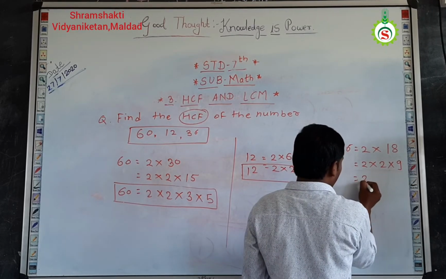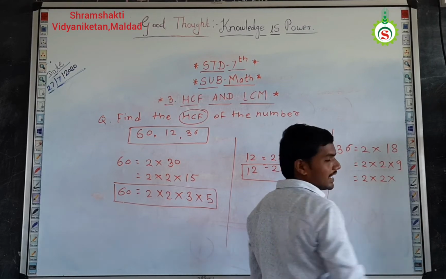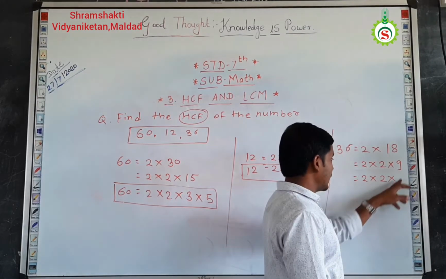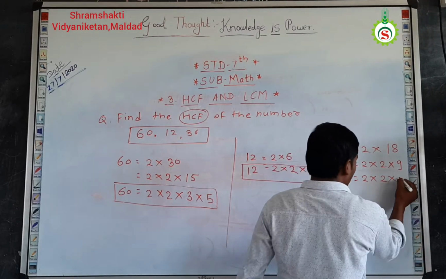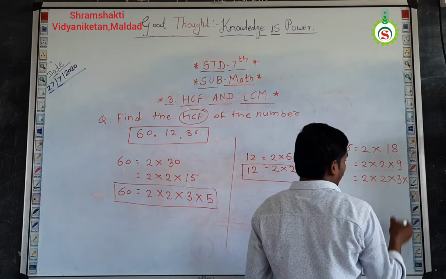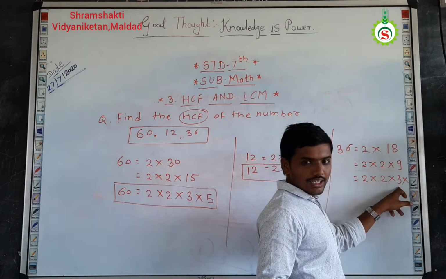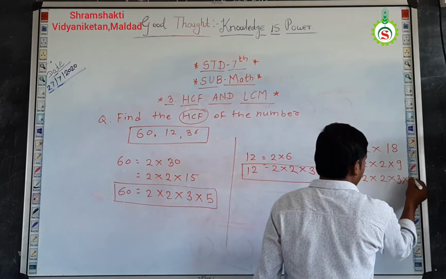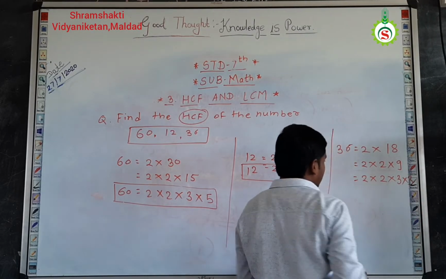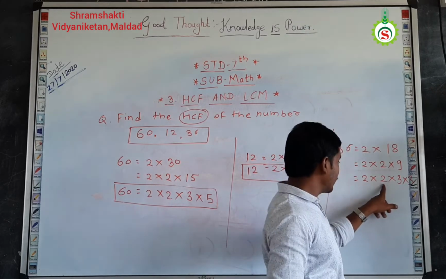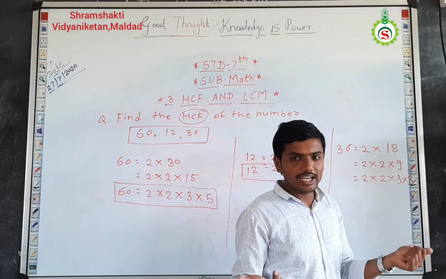Now that 2 is not divisible by another number, but that 9 is divisible by another number. That 9 is not divisible by 2, but it is divisible by 3. So here I will take 3. Now if I divide that 9 by 3, what will be the answer? Obviously 3, because 3 3s are 9. So for the 36, that 2 is not divisible, that 3 and that 3 are also not divisible by any other number.